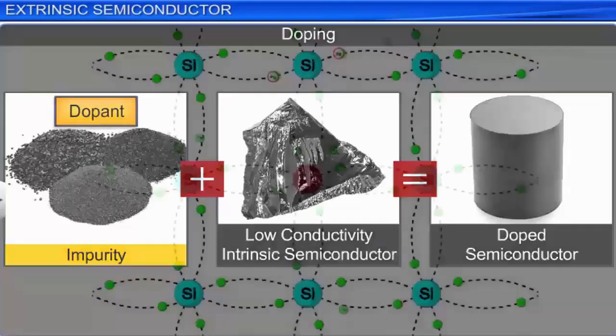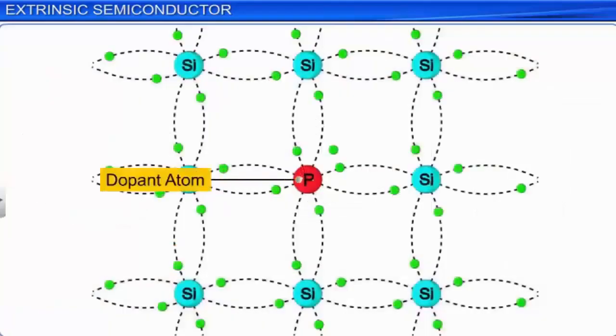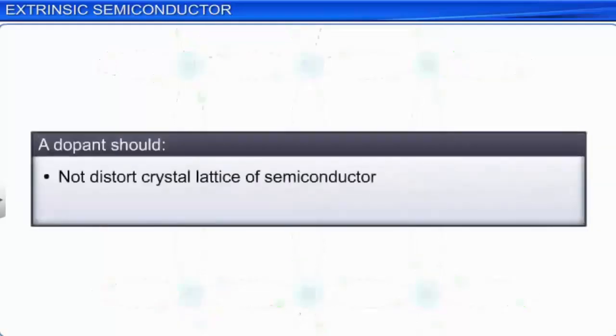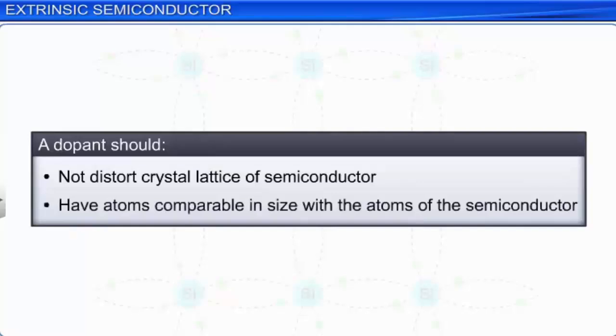During the process of doping, the dopant gets positioned in the crystal lattice of the semiconductor. It is important that a dopant does not distort the crystal lattice of a semiconductor. For this, the dopant atoms should be comparable to the semiconductor atoms in size.